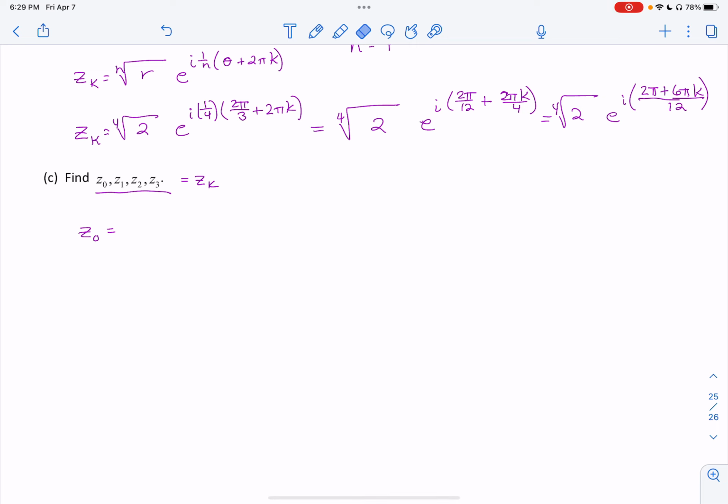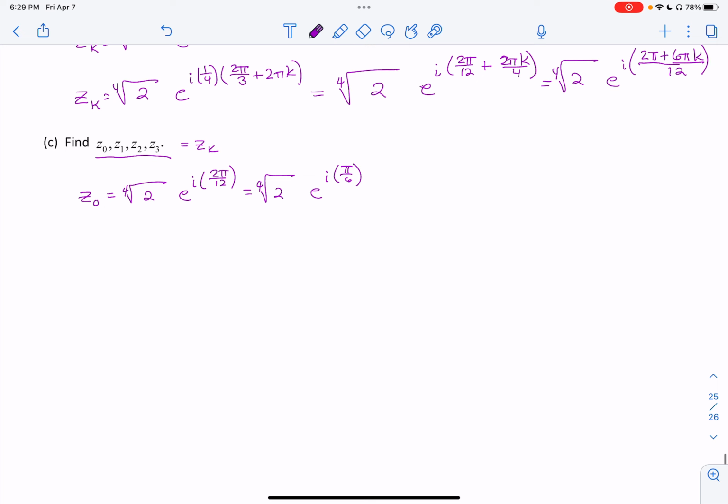So I'm going to have the fourth root of 2, e to the i, just the 2 pi over 12, which is going to be the fourth root of 2, e to the i pi over 6. Right, so that's my first one. Strangely, I wrote that part right.